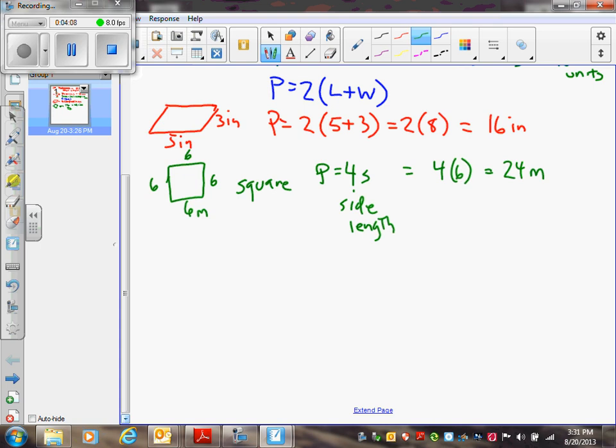There's another figure that we have to work with, and that's a circle. Circles don't have sides. And a circle doesn't have a perimeter. But it has something like a perimeter. It's called the circumference.